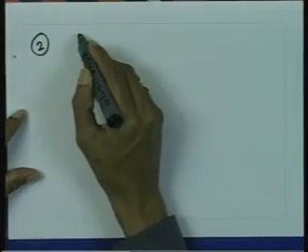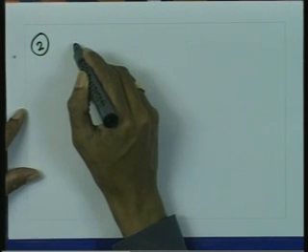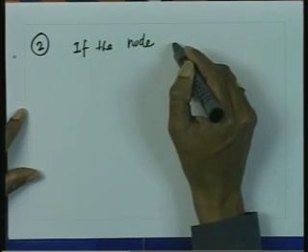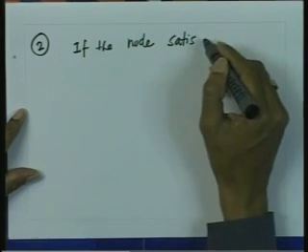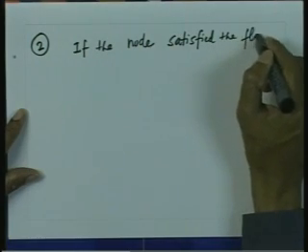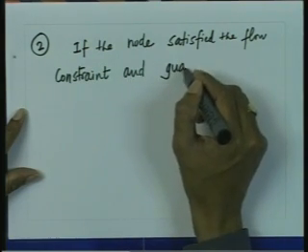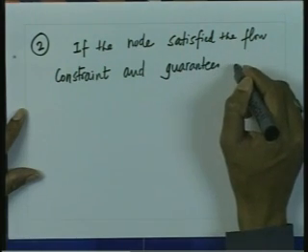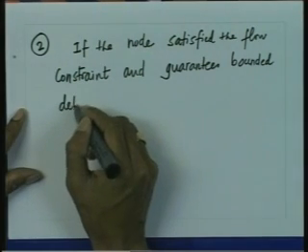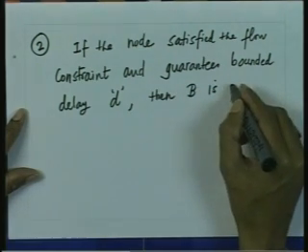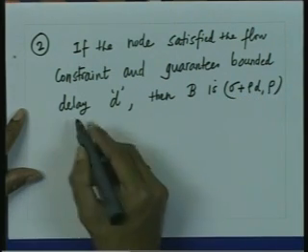The second result that we would like to prove is that if the node satisfies the flow constraint, and guarantees the bounded delay of D, then the output B is (sigma plus rho D, rho) constrained.